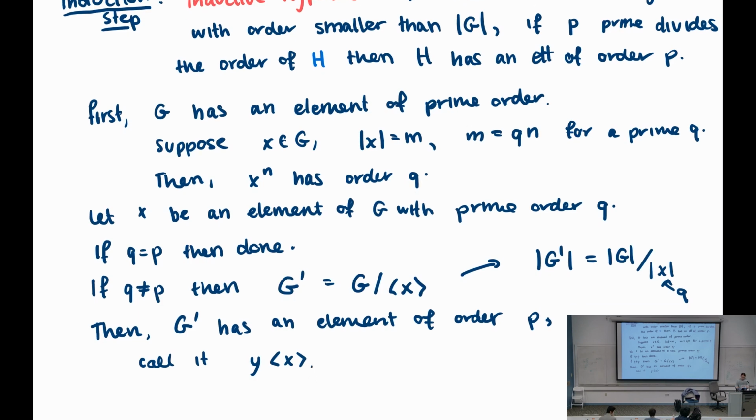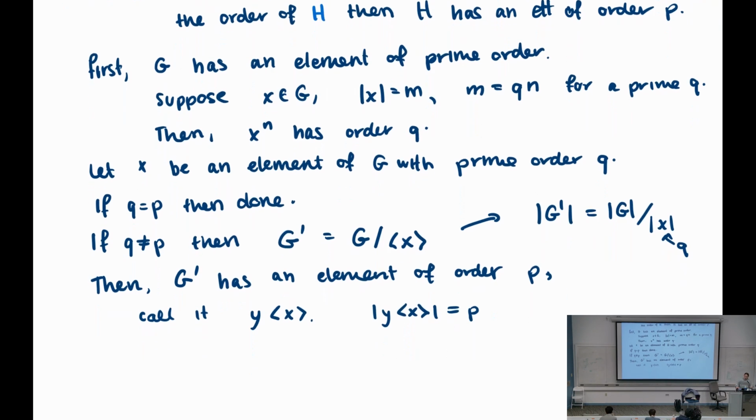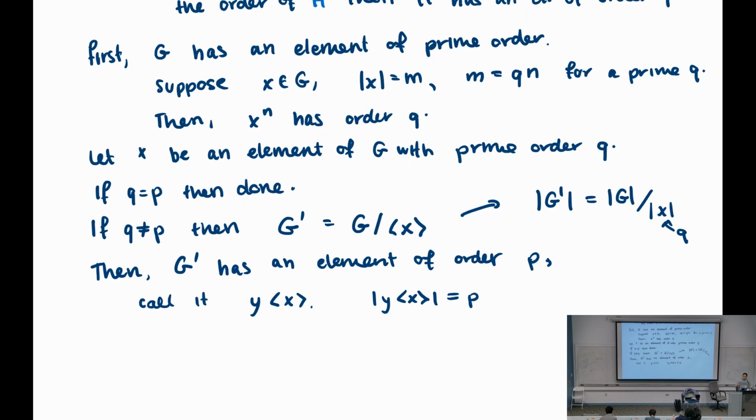We know that the order of this element is P, so let's find an element in the larger group G that also has order P. To that end, I'm going to let L denote the order of the element Y in G.